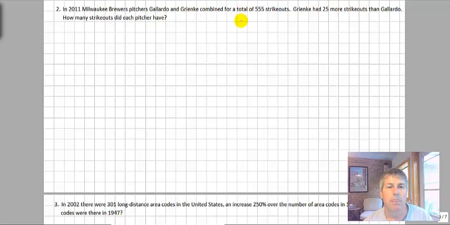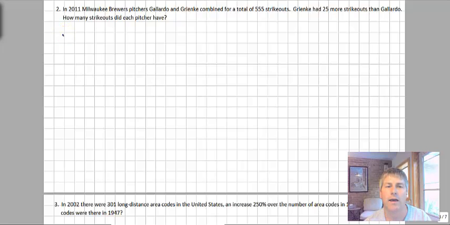Problem number 2. In 2011, Milwaukee Brewers pitchers Gallardo and Greinke combined for a total of 555 strikeouts. Greinke had 25 more strikeouts than Gallardo. How many strikeouts did each pitcher have? Greinke had 25 more than Gallardo.